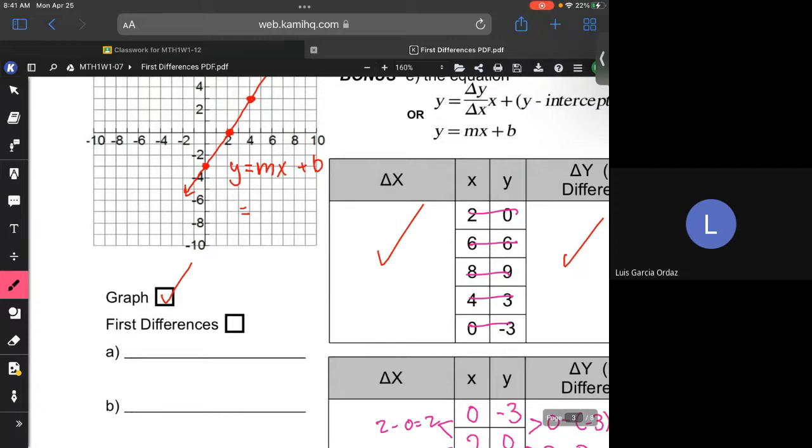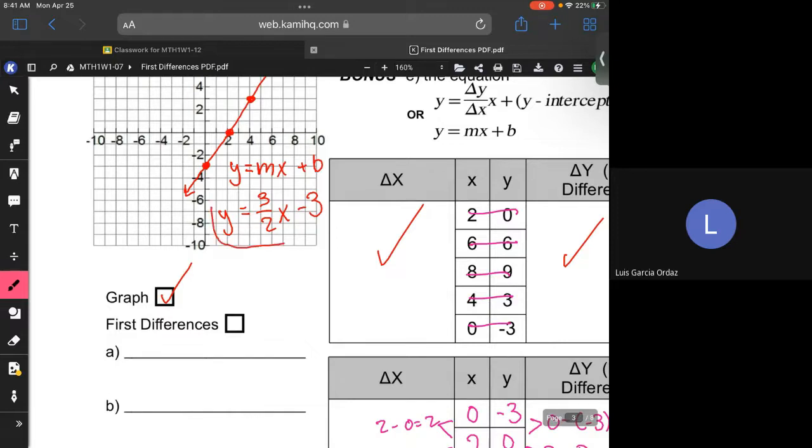So it's going to be y is equal to 3 over 2x. And how can I find my b value? The number that hits the y-axis. Yep. So my graph hits the y-axis at -3, which means my b is going to be -3. So my whole equation is y is equal to 3 over 2x minus 3.